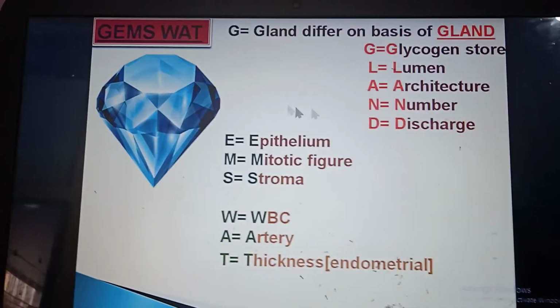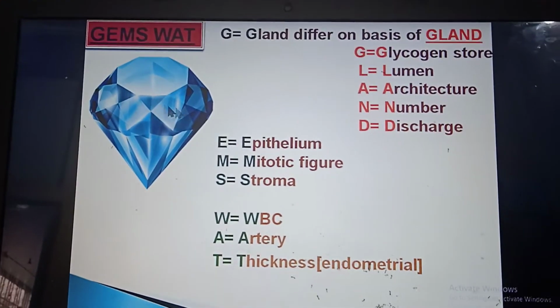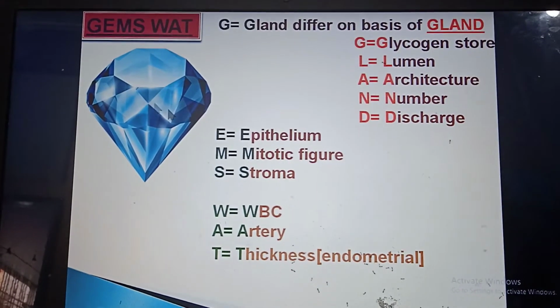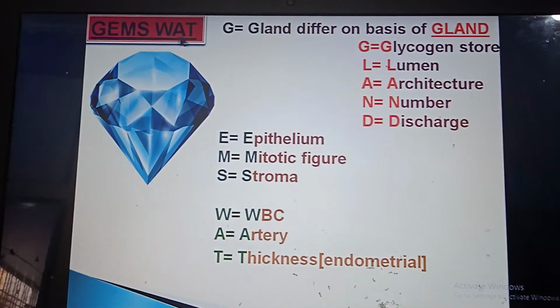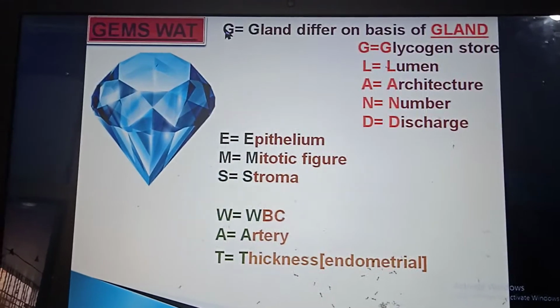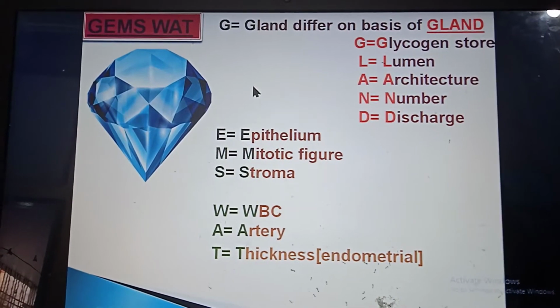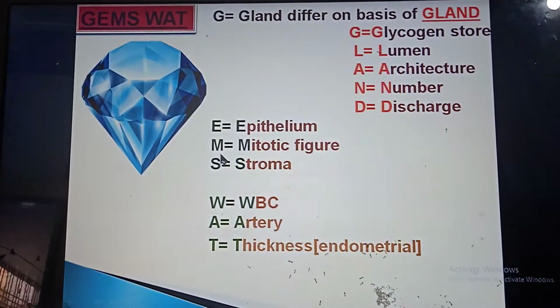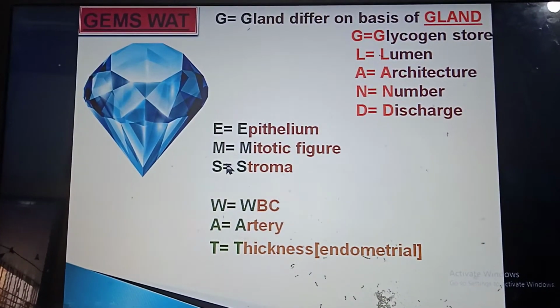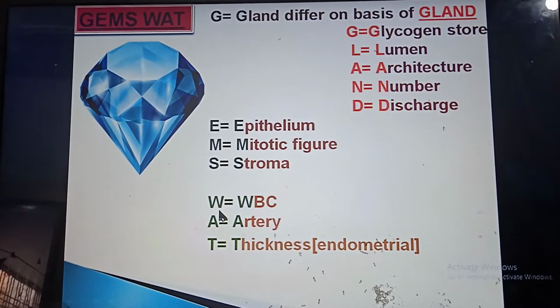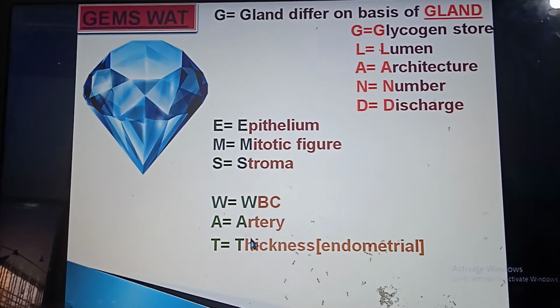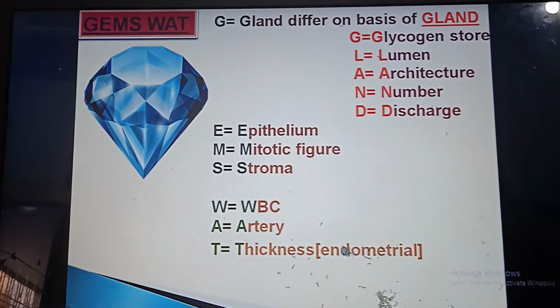But here the spelling is GEMS, James Watt. G for gland, E for epithelium, M for mitotic figure, S for stroma, then WBC, artery and thickness, that is endometrial thickness.